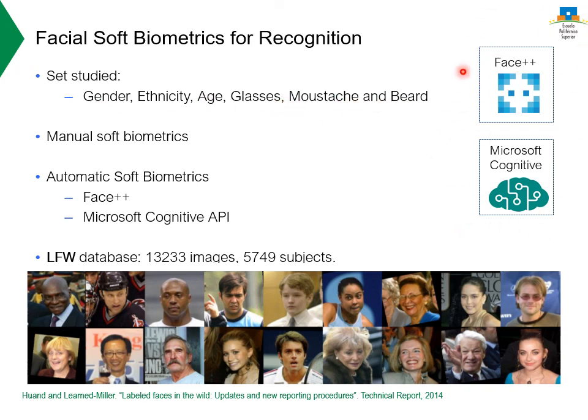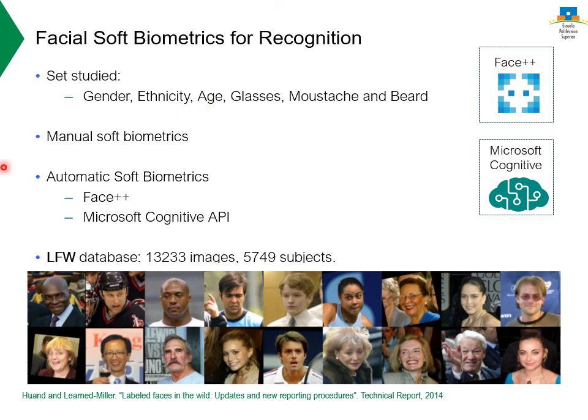Some commercial software packages like Face++, one of the best now in commercial applications for face recognition, and other artificial intelligence tools like Microsoft Cognitive also incorporate both face recognition and automatic tools to extract this kind of soft biometrics with a face. Using Face++ or Microsoft Cognitive, you can generate gender, ethnicity, age, and so on.